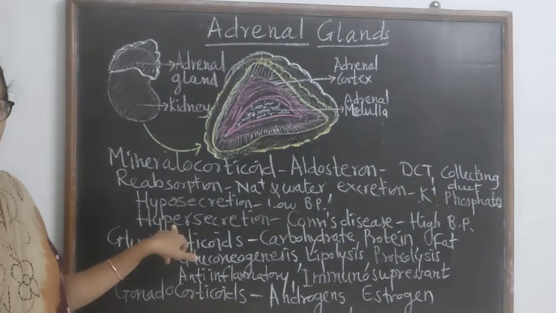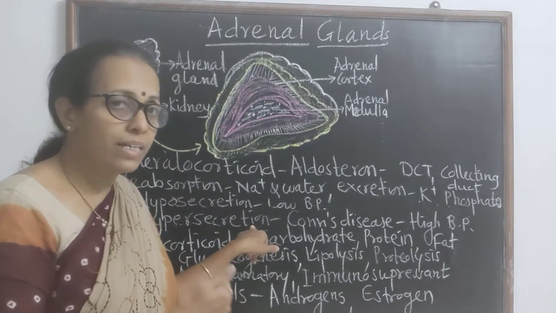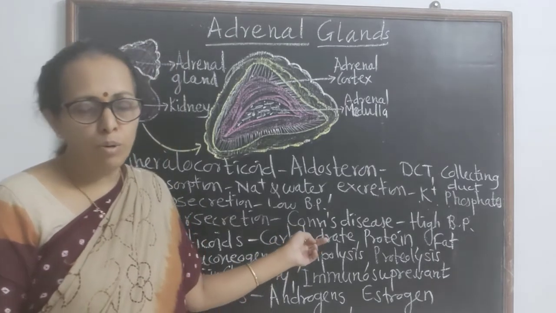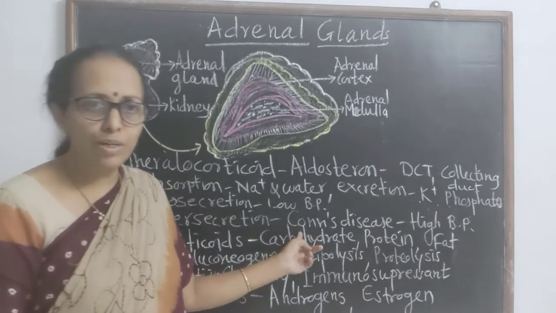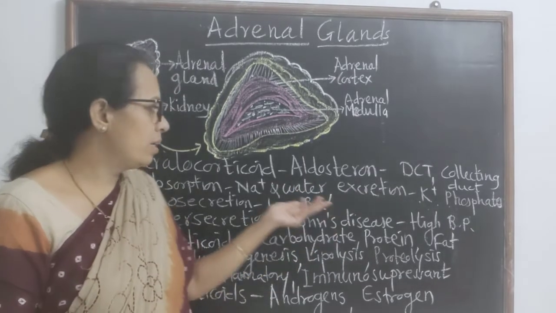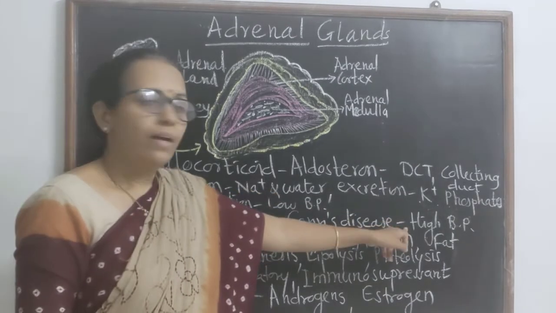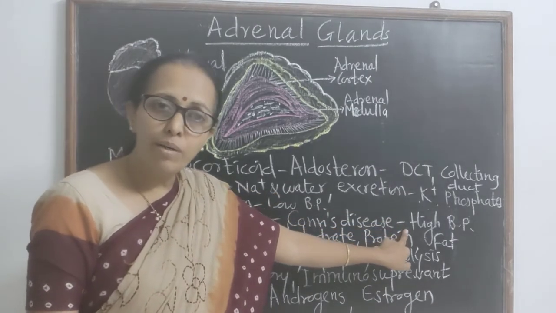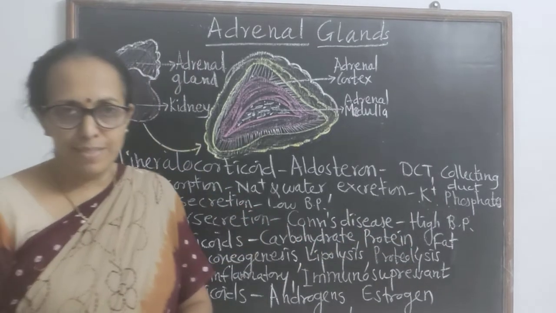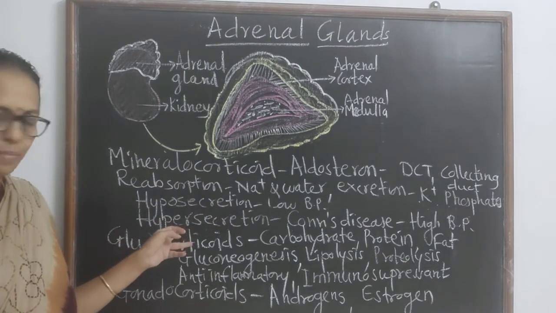On the contrary, if it is secreted in excess quantities, that is, hypersecretion, then it leads to high concentrations of minerals in the body fluids, that is, the sodium potassium pump is activated, and it leads to high blood pressure in the individual. We call it Conn's disease or Conn's disorder, which is due to hypersecretion.